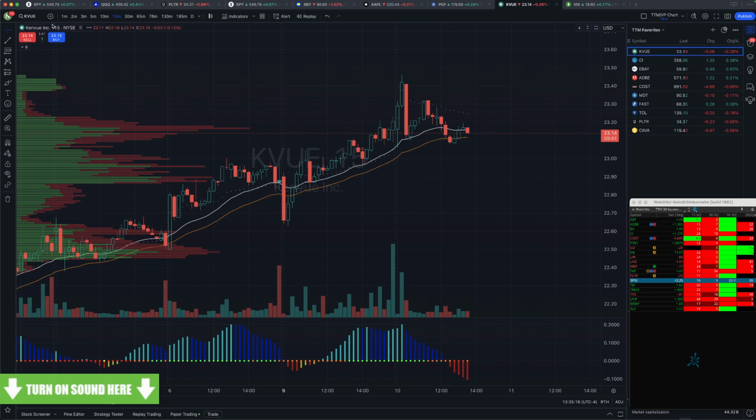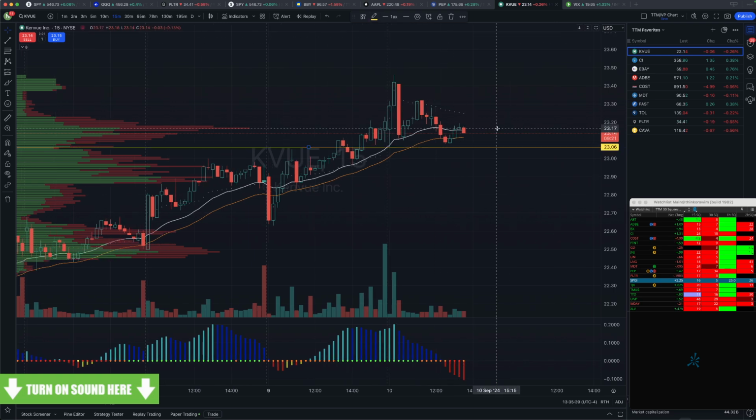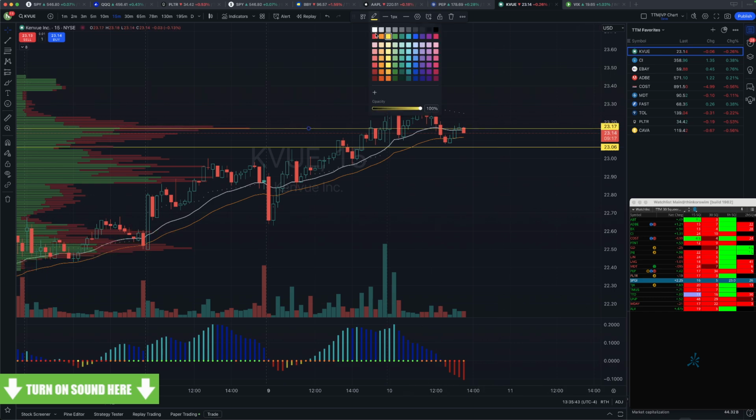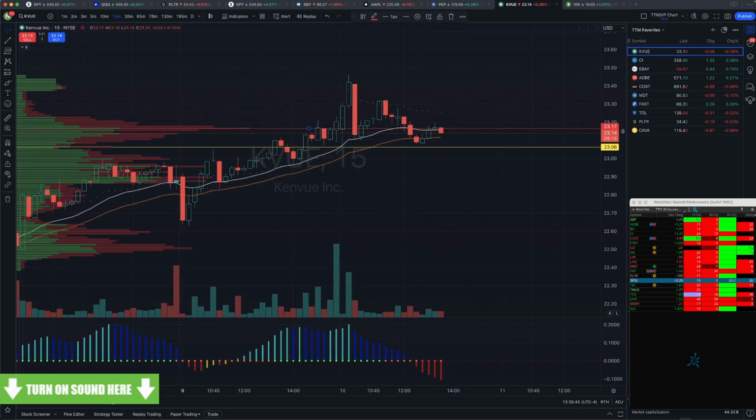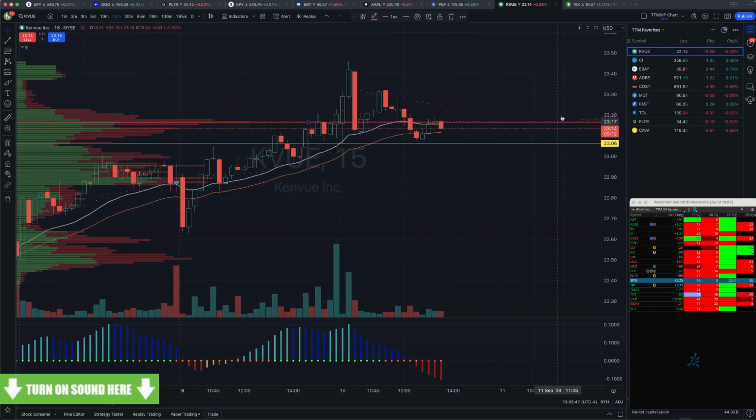So if I want to make a quick day trade on this, I'm going to go to the day low here, which is also a value area low. Okay, and I like to put a yellow line in there as my value area low. Right, I'm going to come in and put a red line at my point of control, which we've kind of rejected off of as we were bouncing.